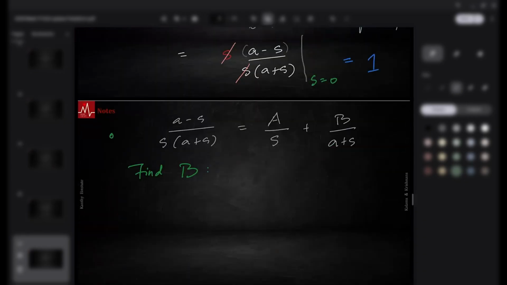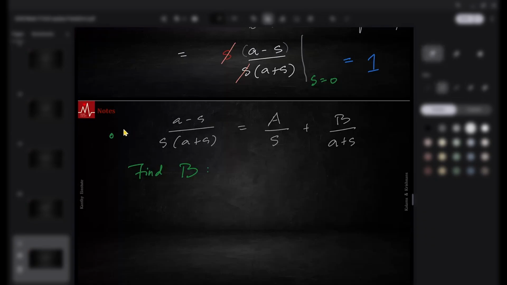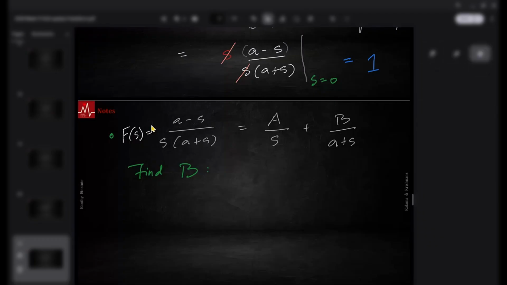Remove singularity. Evaluate at singularity. Let's also call it this, so that we can see what we are doing. Students know Laplace transform.